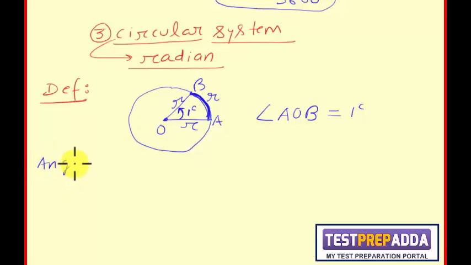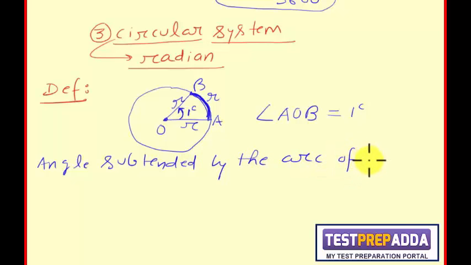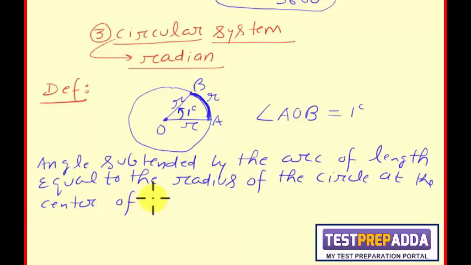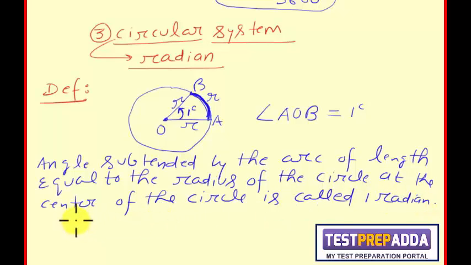The definition is: the angle subtended by an arc of length equal to the radius of the circle, at the center of the circle, is called a radian or 1 radian. It is denoted by 1c, 1 radian.